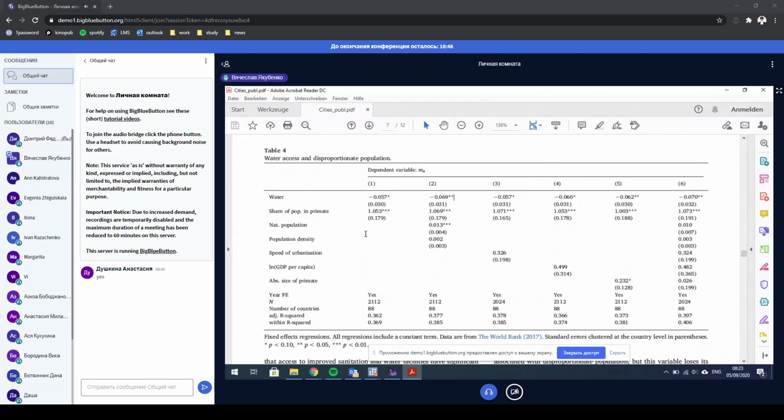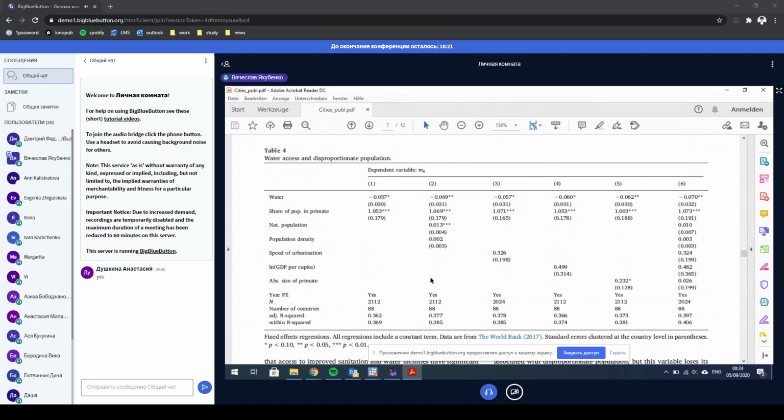So this is regression 1. This is regression 2. They have different combinations of explanatory variables. In regression 6, for example, we have all of them at the same time. At the bottom, you can see the number of observations, the number of countries included in the dataset, and the R-squared.